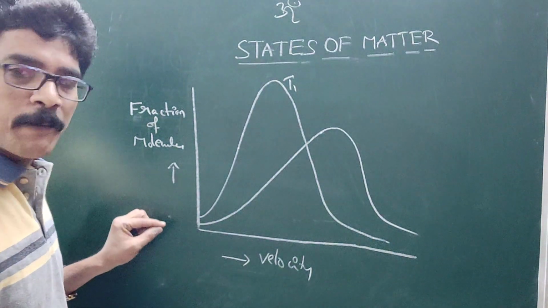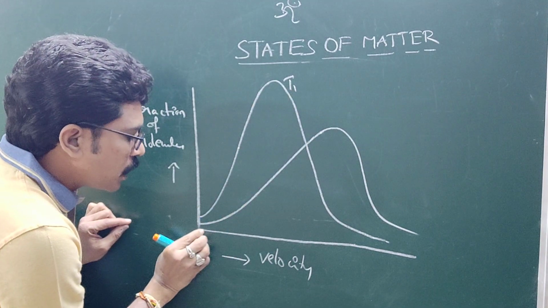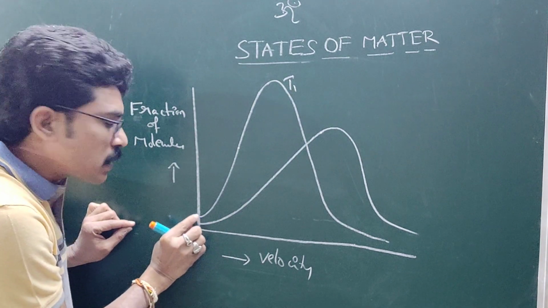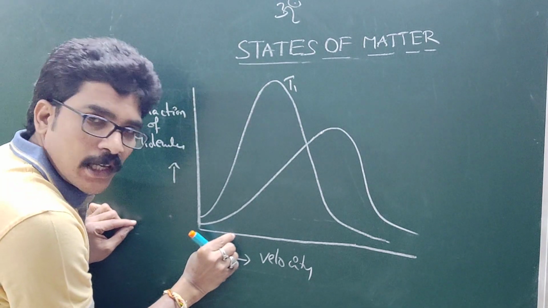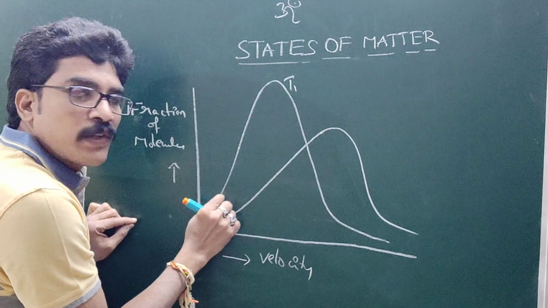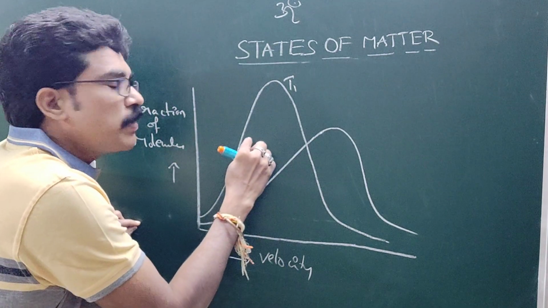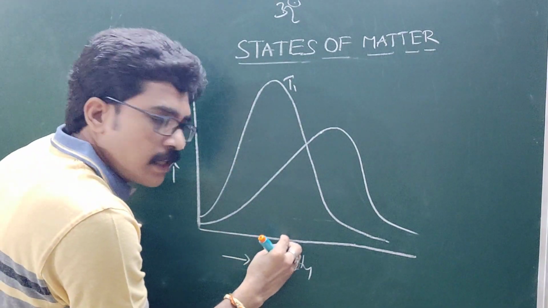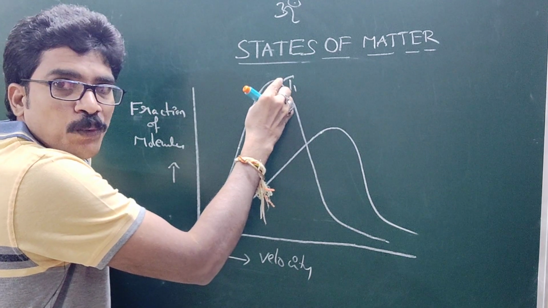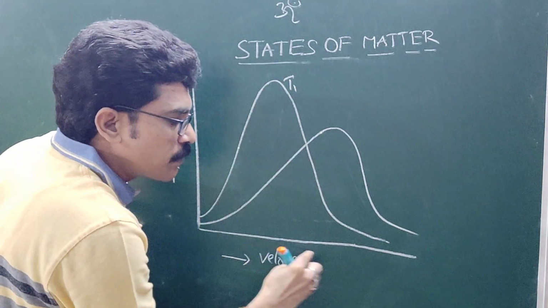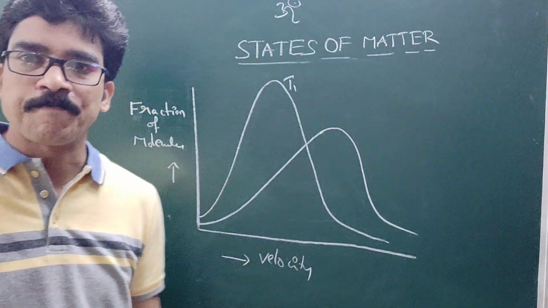Initially at low velocity, the fraction of molecules with that velocity is this much. As velocity increases, the fraction of molecules with that velocity increases and reaches a peak value, and then gradually decreases with increasing velocity. This is observed at a particular temperature.